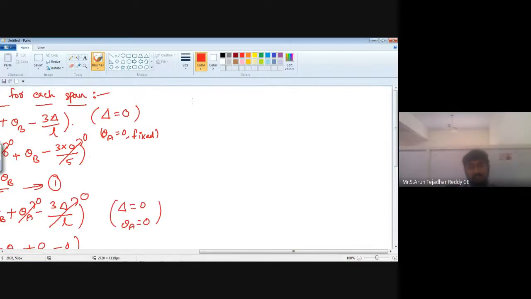That is MCB. So, fixed end moment of span CB plus 2EI by L into the first term, which is C, so twice theta C, plus the second term, which is B, so theta B, minus 3 delta by L, which is common.